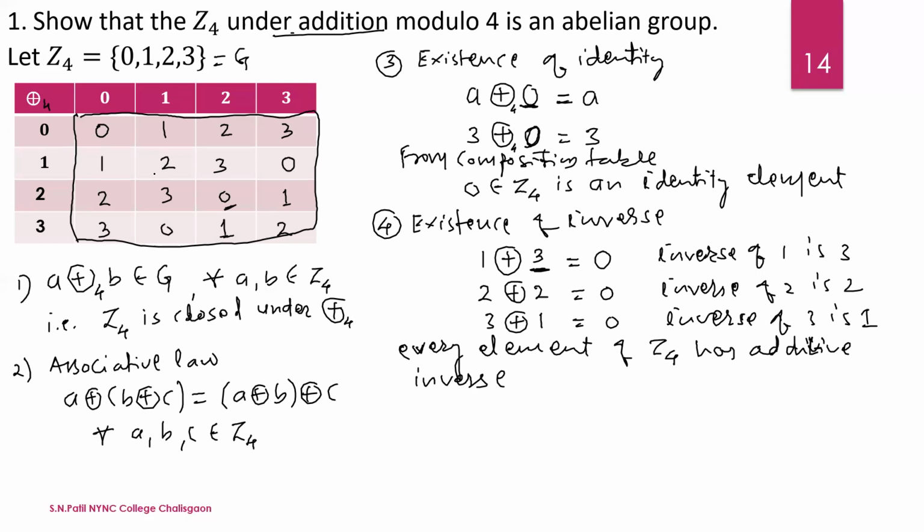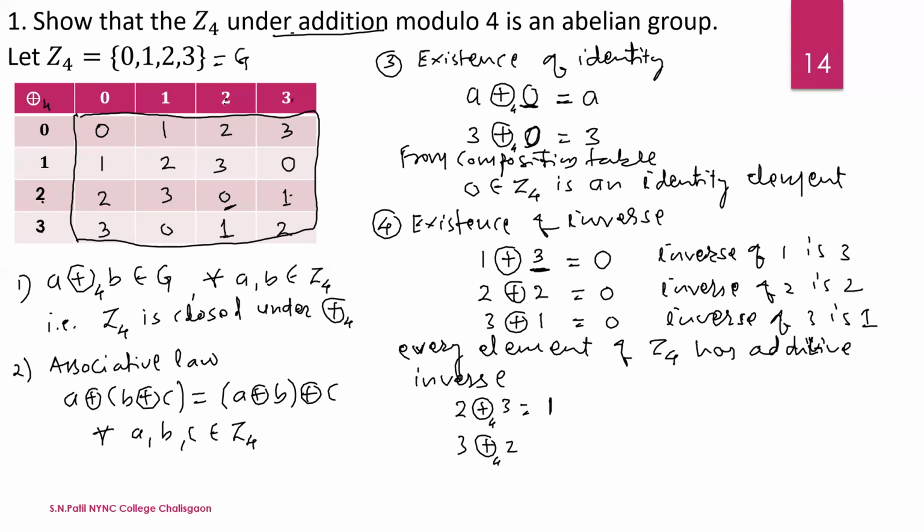take any two elements. Now I am taking here 2 plus 3 and 3 plus 2. So what is 2 plus 3? The resultant is 1.